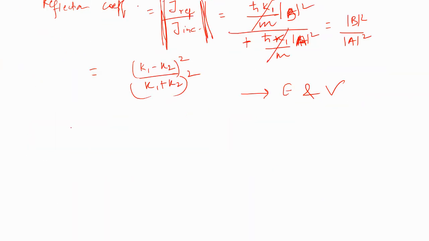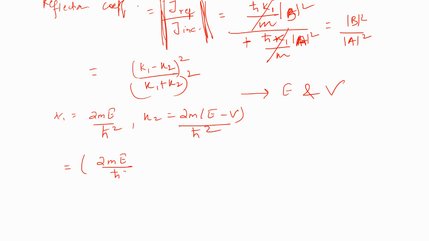So just apply this. k1 is equal to root of 2mE upon h cross square, and k2 is equal to root of 2m E minus V upon h cross square. Put this value here, 2mE upon h cross square minus 2m E minus V upon h cross square, right?